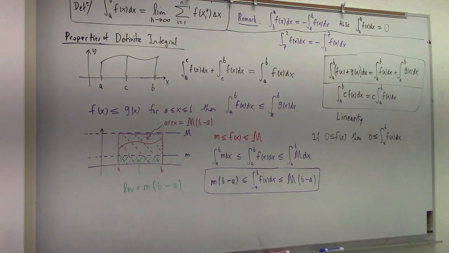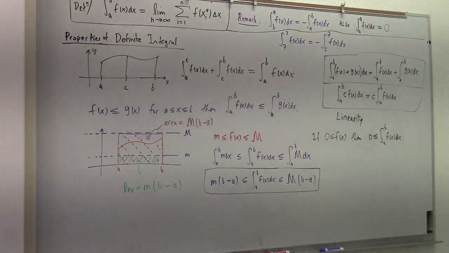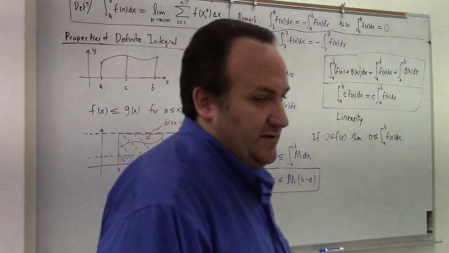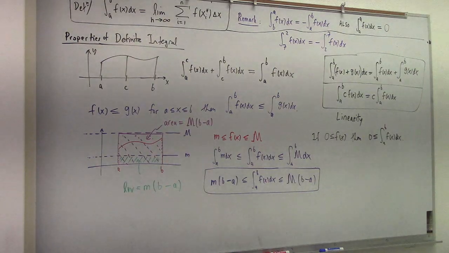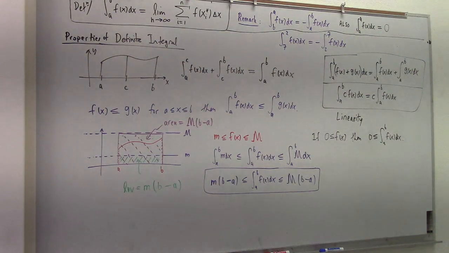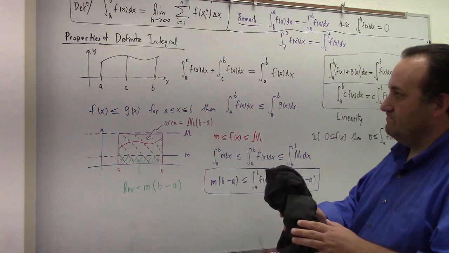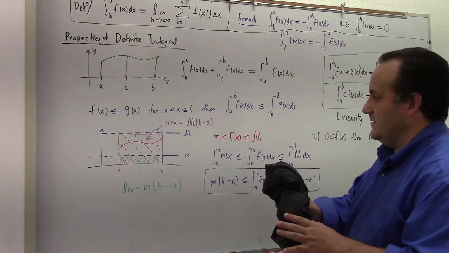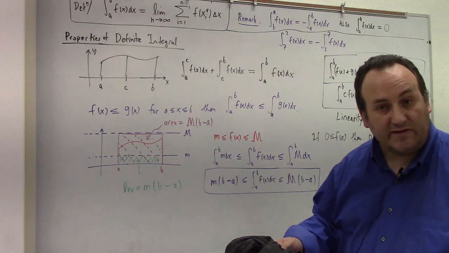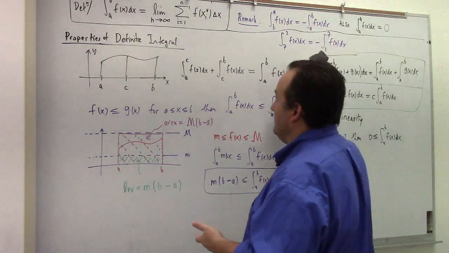Okay, so those are the properties of the definite integral. And these properties will all mean things for the area function I'm about to define. Okay, so what's an area function?